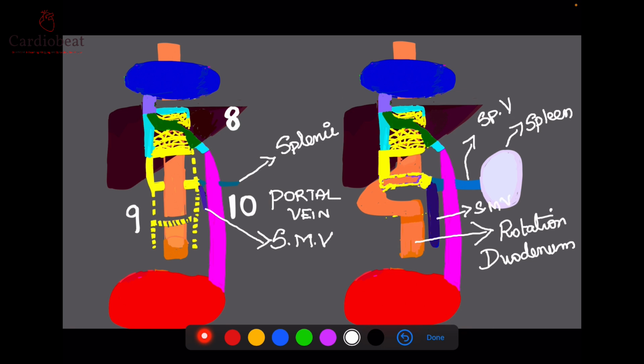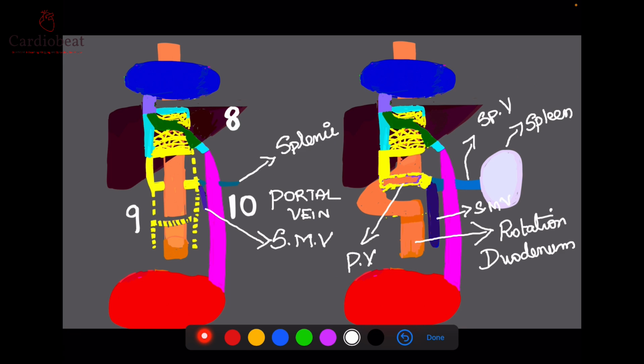They are draining into the middle anastomotic channel which is placed posteriorly or dorsally to the duodenum, and they form what is called the portal vein, and this portal vein is draining into the liver.